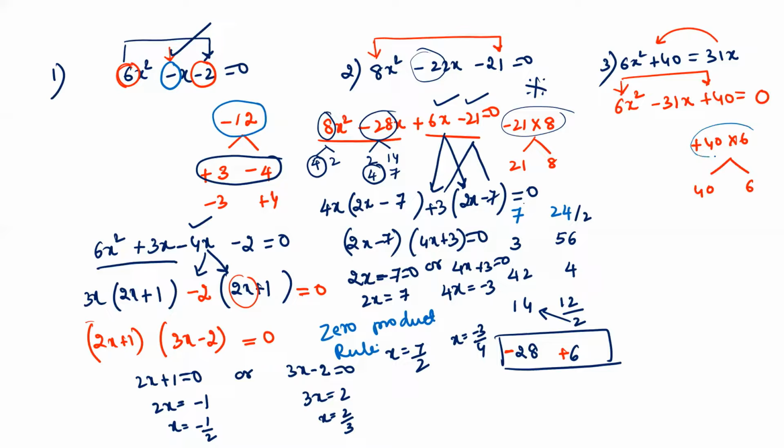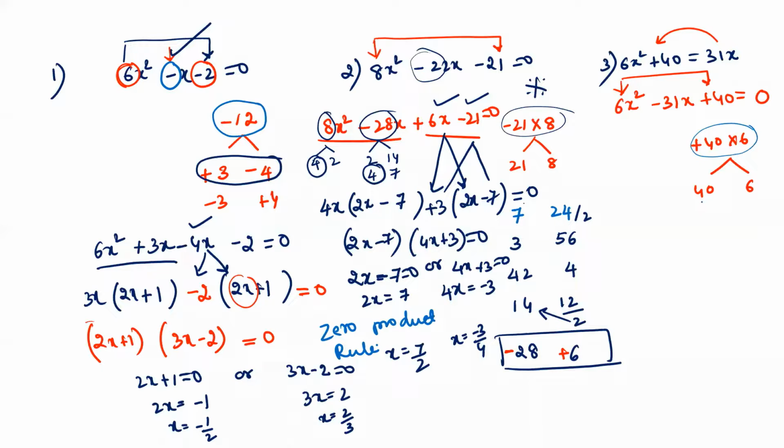Product is plus here, so if product is plus, the factors have to be either plus plus or minus minus, isn't it? Yes, ma'am. But we have to add in this case.